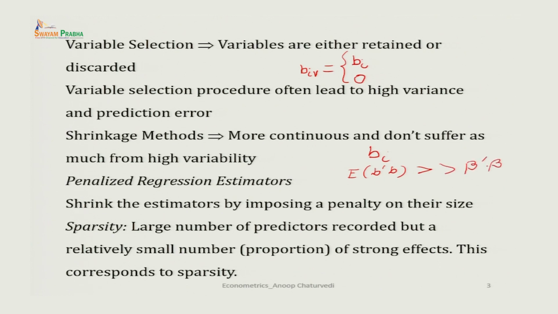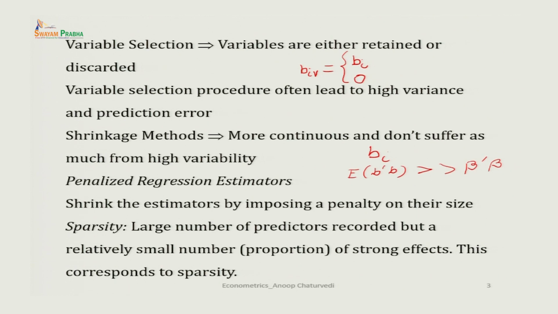So, your estimators are very large in magnitude. So, that is why we think about considering shrinkage estimators. We shrink these estimators so that their length becomes smaller. So, in penalized regression estimators, we shrink the estimators by imposing a penalty on their size.